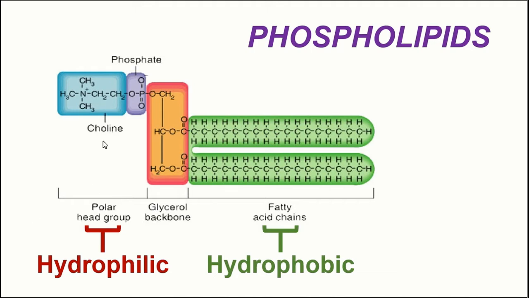This head region is referred to as polar, which means that there is a separation of positive and negative charges at the molecular level within the head group. This makes the head group hydrophilic, which means water-loving. So this polar head group tends to face the watery environment either outside or inside of the cell. This is the water-loving or hydrophilic region of the phospholipid.